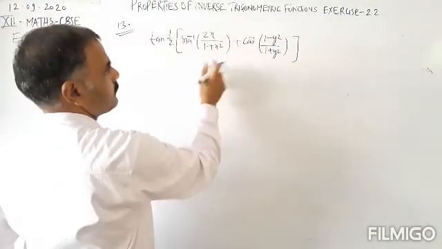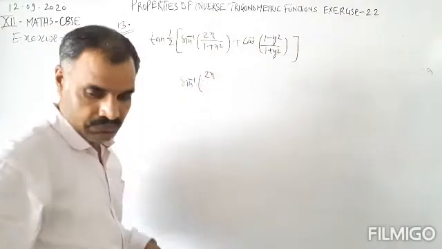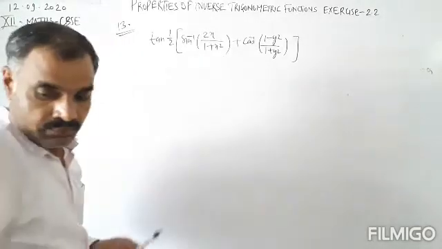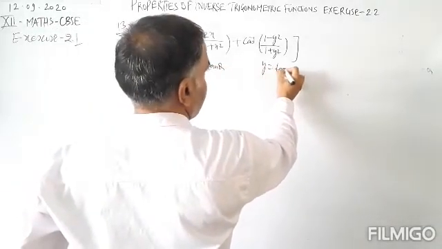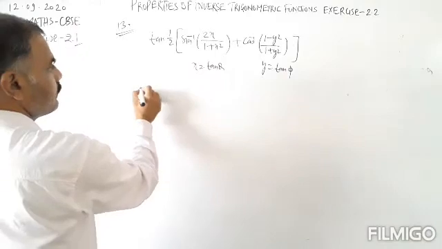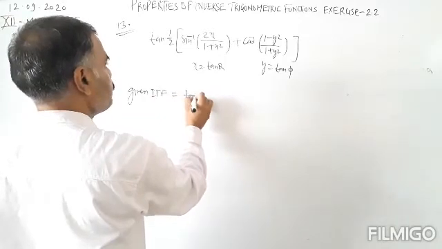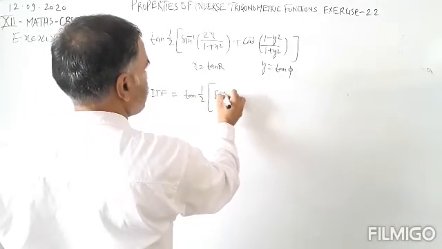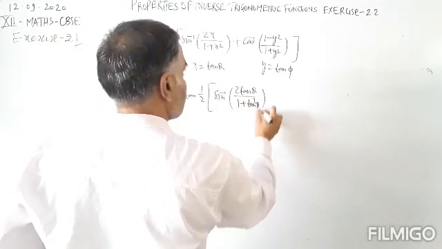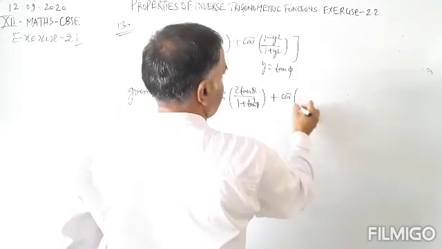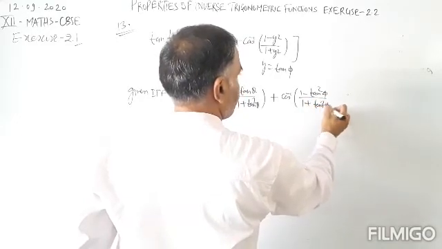Now sin inverse 2x upon 1 plus x square. Put here x equals tan theta and y equals tan phi. Then the given inverse trigonometric function is equal to tan of 1 by 2 into sin inverse 2 tan theta upon 1 plus tan square theta plus cos inverse 1 minus tan square phi upon 1 plus tan square phi.